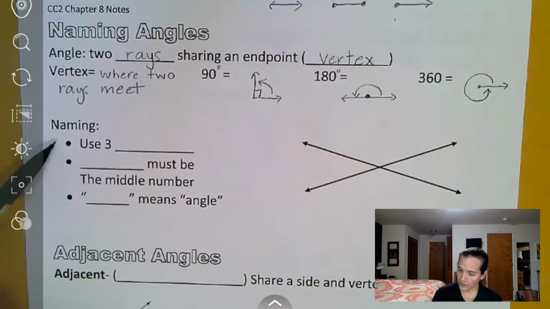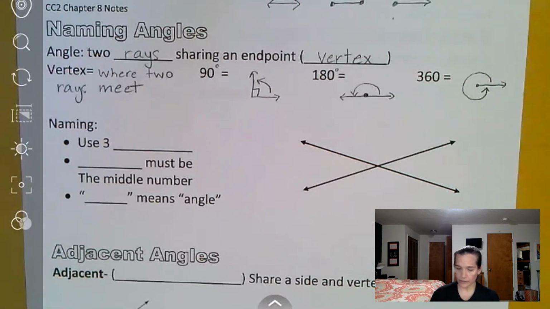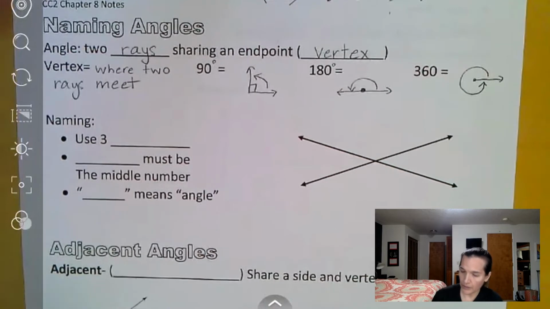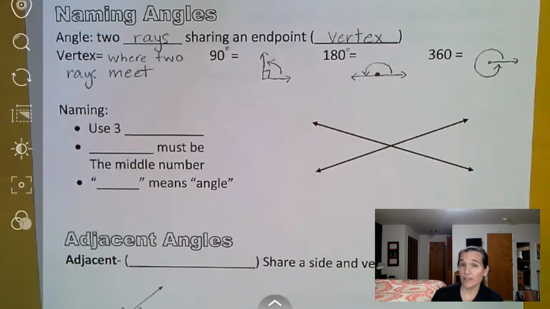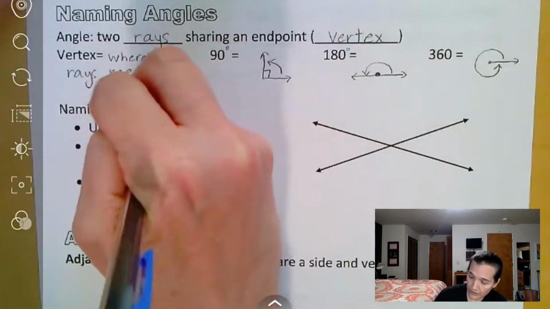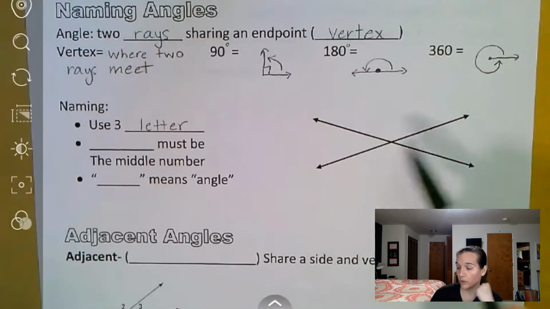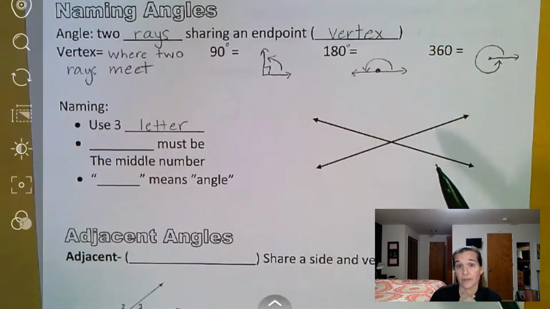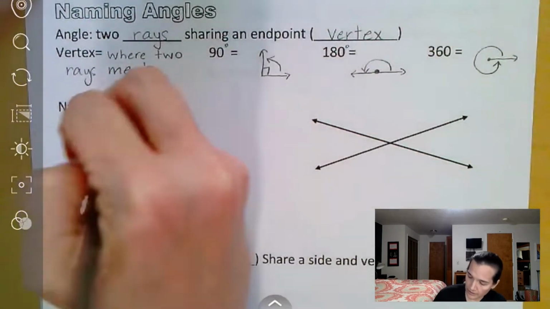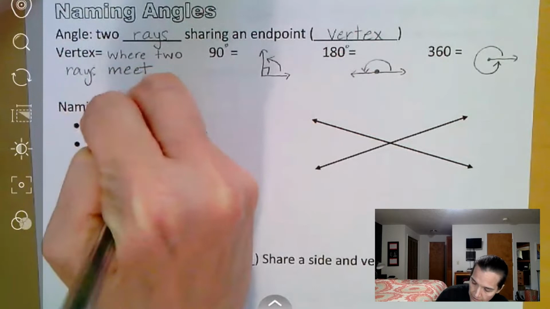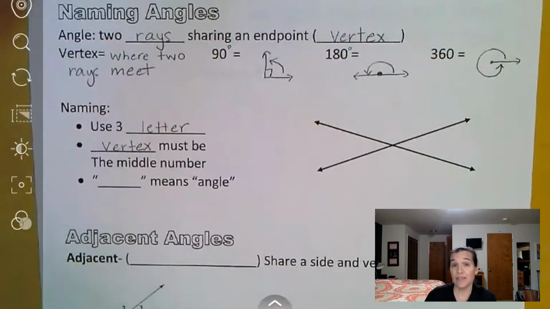And there's a couple ways to name angles, and it is this. You will always use 3 letters to name your angle if there are multiple angles in your picture. The vertex must be the middle letter.